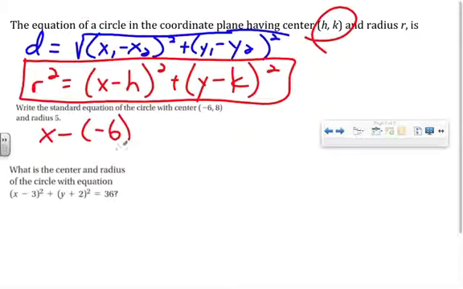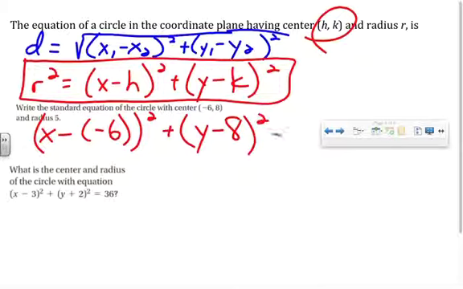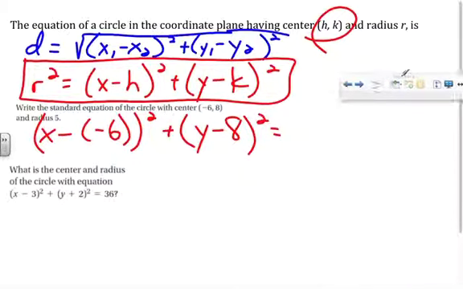So we have x minus negative 6 squared plus y minus 8 squared equal to 5 squared. And just be aware that if this was a problem on the EOC, they would expect you to clean up what you can easily clean up.